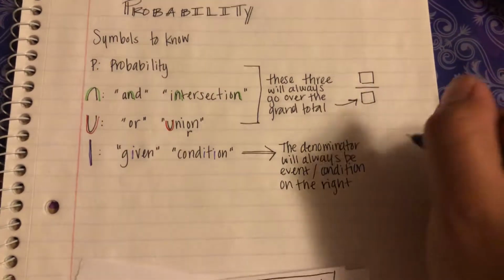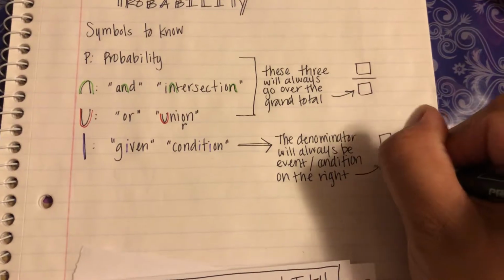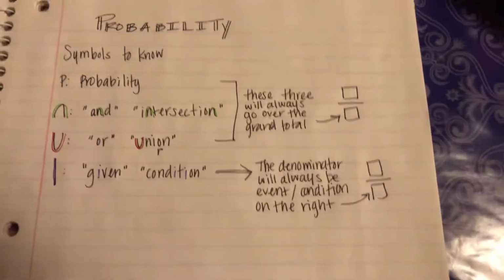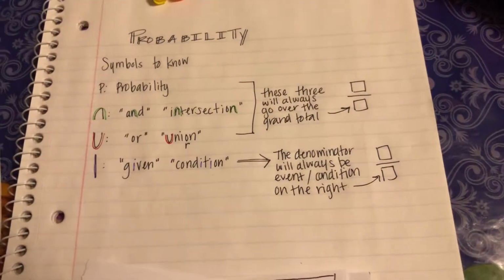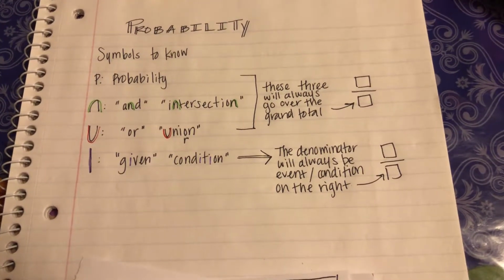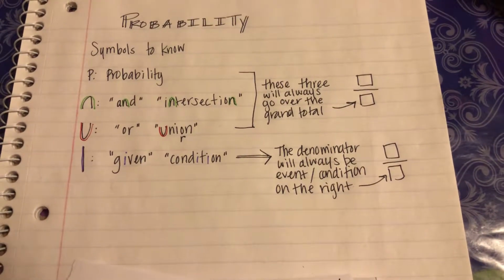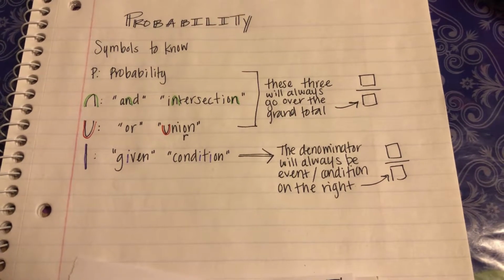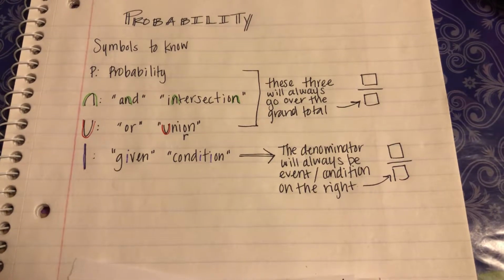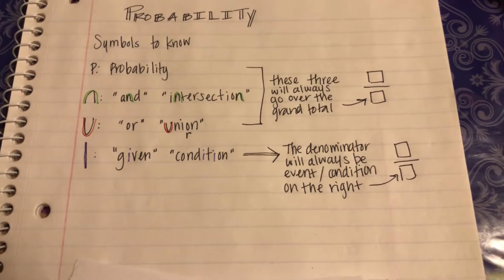And we'll show you guys what that looks like in a little bit. So down there, you see probability and, or, and given. The first three will always have the grand total on the bottom. And the last one, the given, is going to have the second condition, or the condition on the right, to be the denominator.